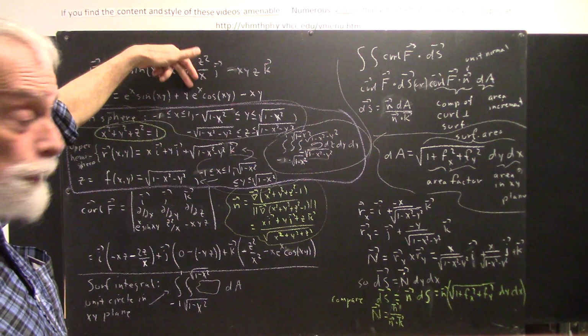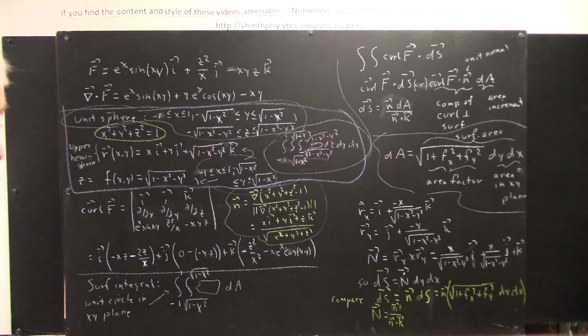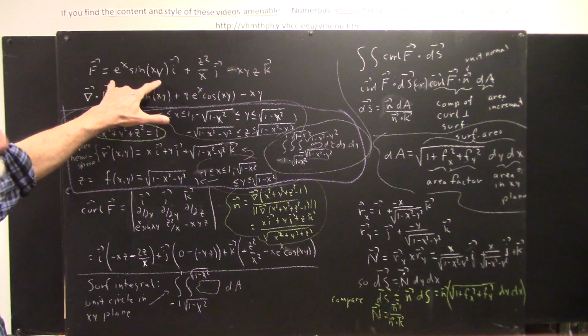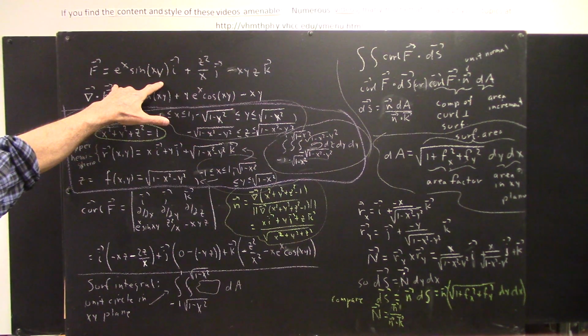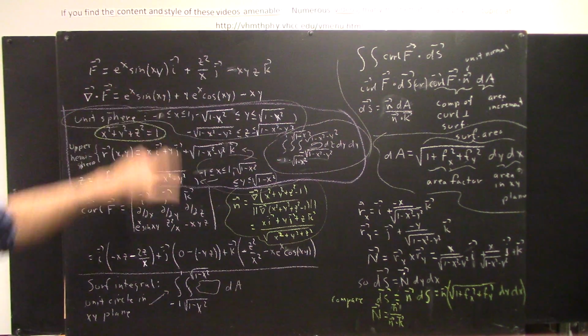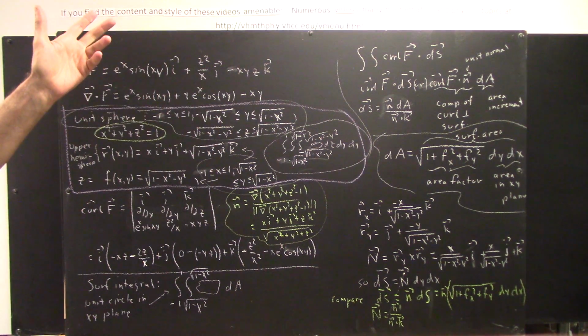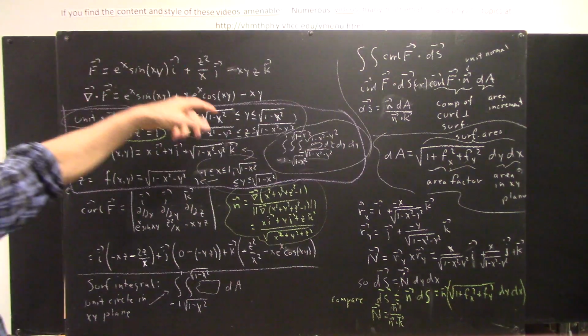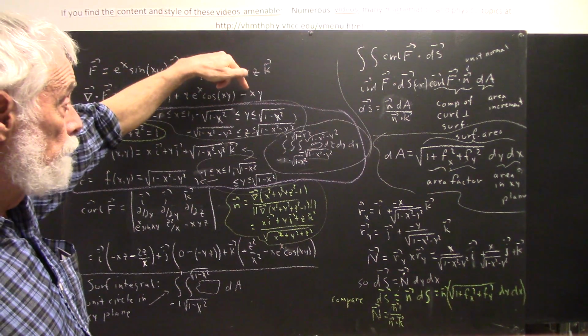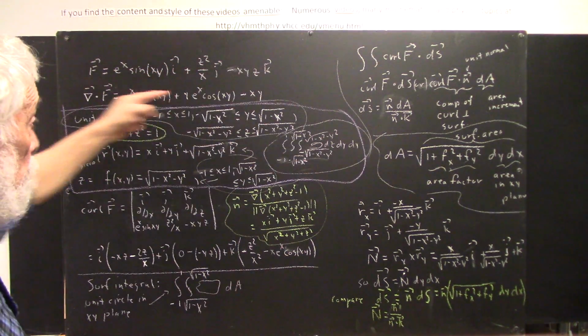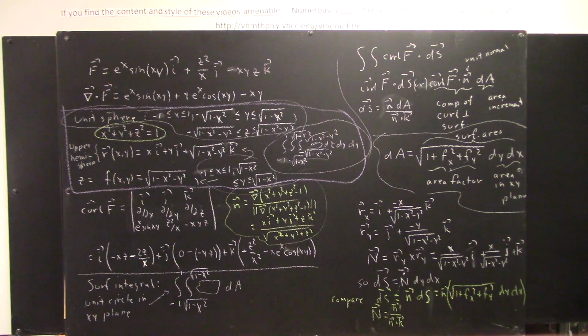There's no y dependence, so the j component contributes nothing to the dot product. So these two terms come from the product rule when we take the x partial derivative of the i component, and there's nothing contributed by the j component.